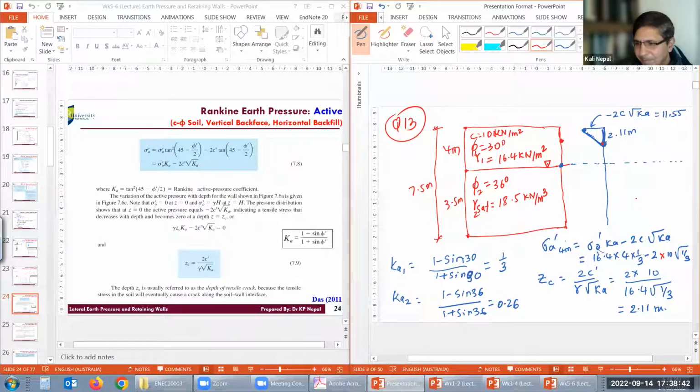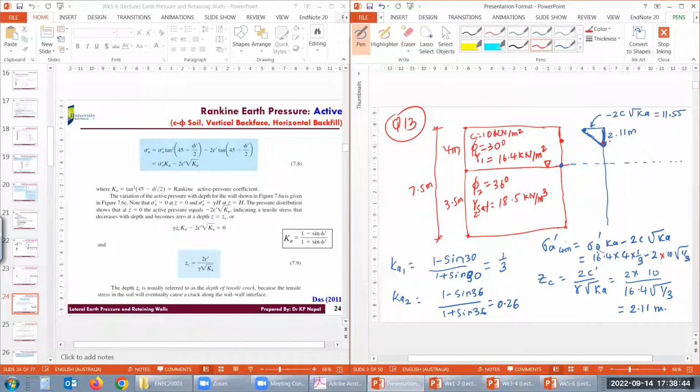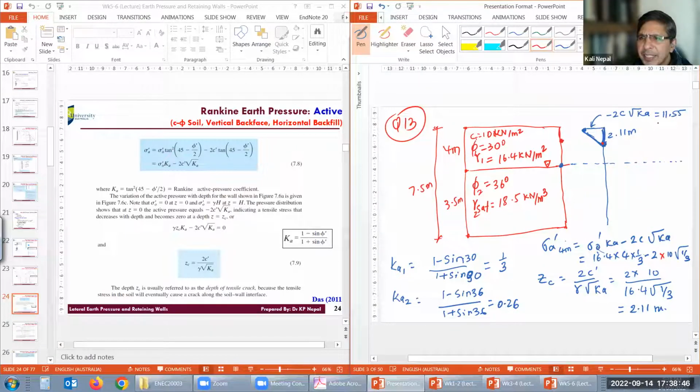How much? 10.32. So a little bit lower than 11, that's fine. This value from here to here is 10.32, positive, in kilonewtons per meter square. You need to write the unit. I don't have enough space here, so I'm fixing that. Now I got it.